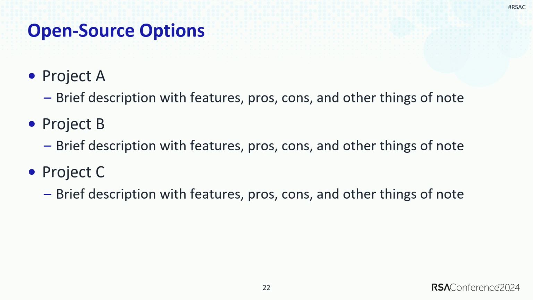So when it comes to open source options, I personally list them differently from vendor solutions, and I can explain that in a little bit. But when it comes to your open source options, you list down a brief description of each project, for example, with features, pros and cons, and other things of note.